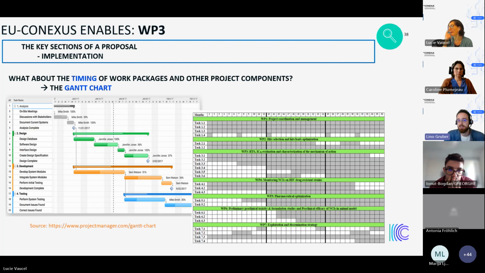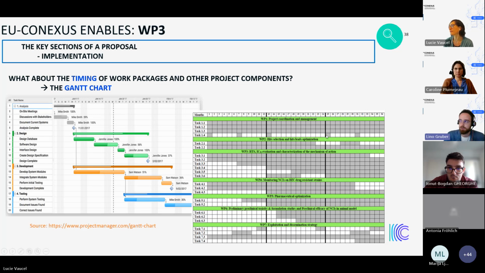What really matters is that we see the different project components in the Gantt chart. And while we can see the work packages in both cases, the first one is really a better example because it provides the evaluators with more information than the second one.